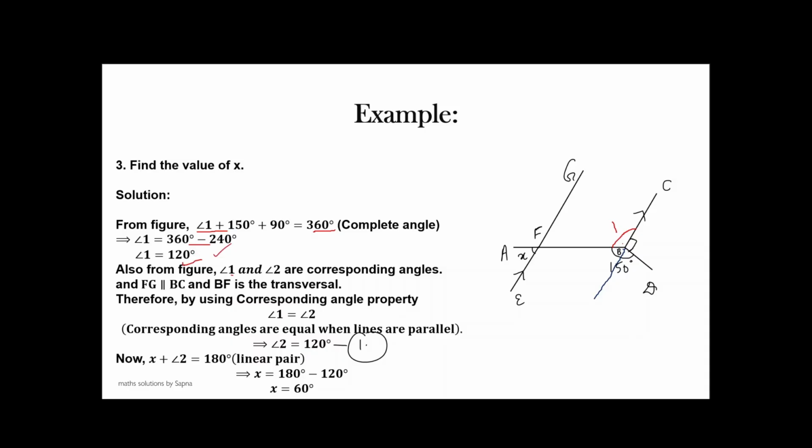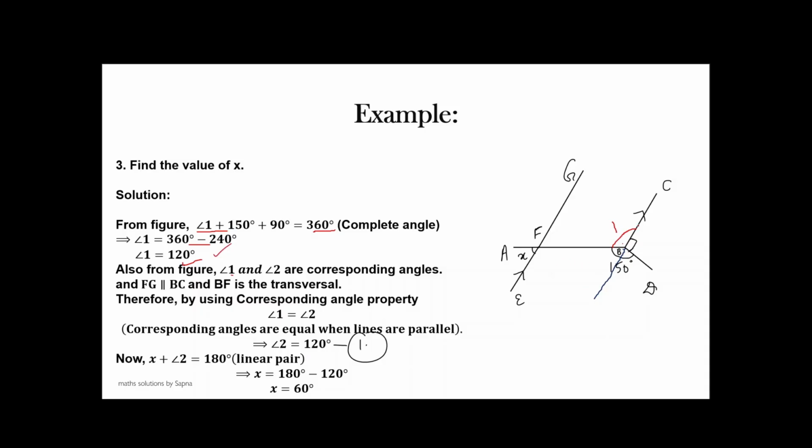Now clearly, angle x doesn't have a direct relationship with any of the angles, as we have discussed, right? So what I can do, if you look at it carefully, this angle 1, because FG is parallel to BC, right?